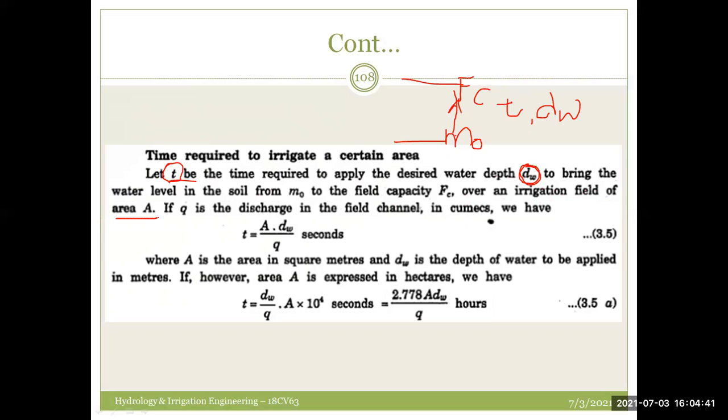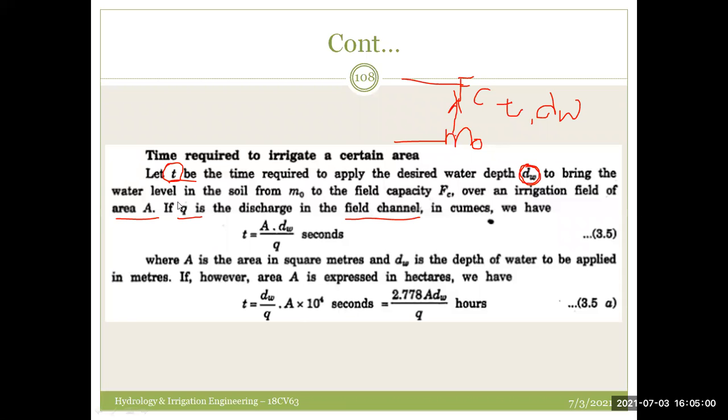So for a field of area A, and if Q is the discharge in the field channel, you are supplying dW depth of water at a rate of Q. Then the time required to irrigate an area A is given by T is equal to A into dW divided by Q. Q is the rate of water supply, and you have to supply a depth of water of dW.